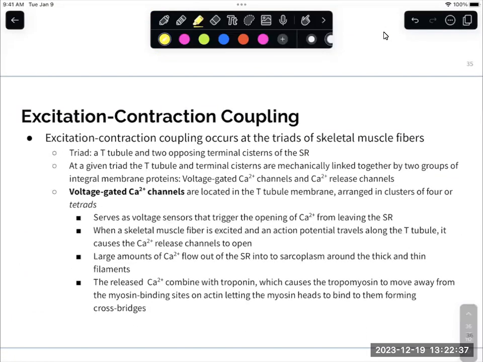So that triad, that T-tubule with those terminal cisterns of that sarcoplasmic reticulum. That T-tubule and those terminal cisterns are usually linked together. We have voltage-gated calcium channels. Voltage-gated, meaning they respond to a change in charge within that cell. So if that cell that usually sits pretty negative becomes more positive, it causes those calcium channels to release calcium.